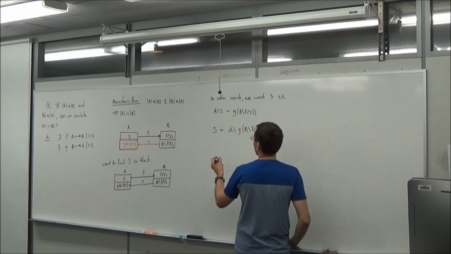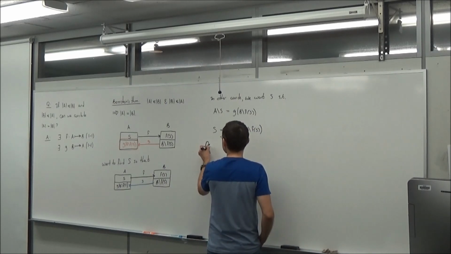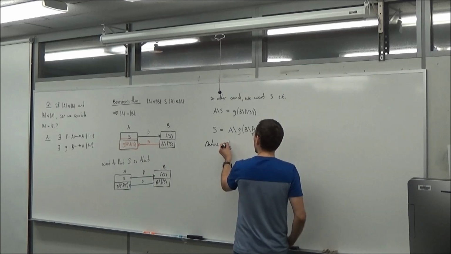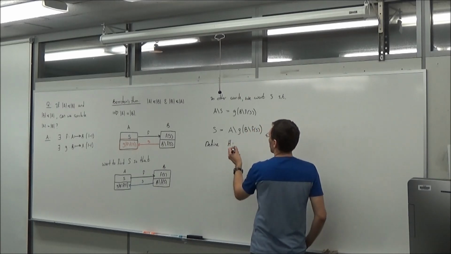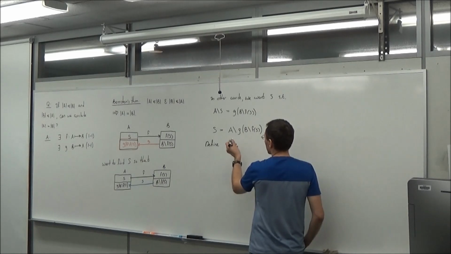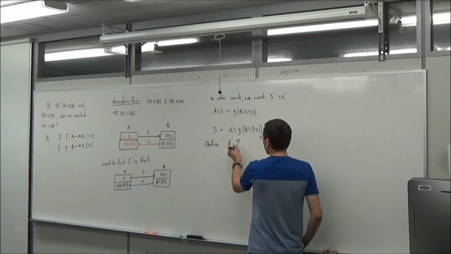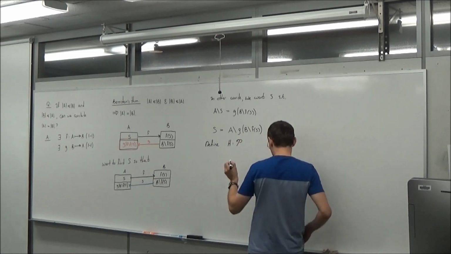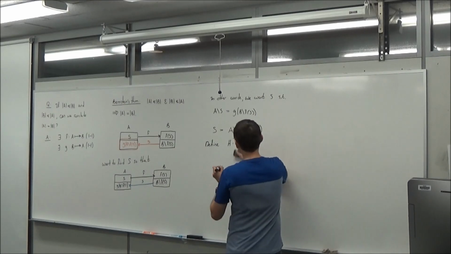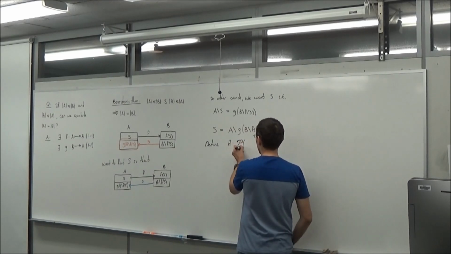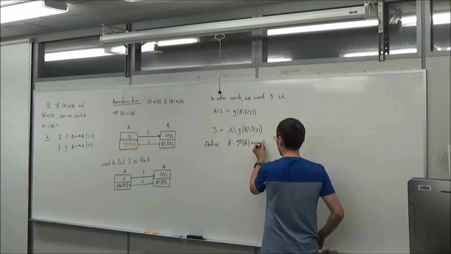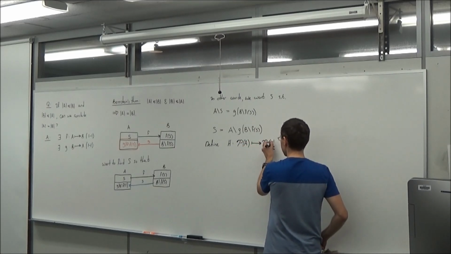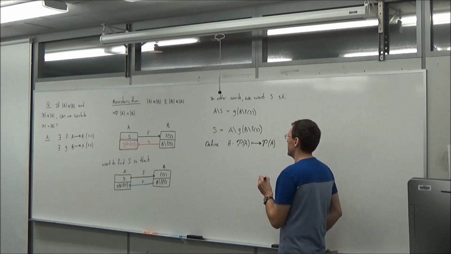So here is what I do. I define a function h, and the function h is going to be from the power set of A back into the power set of A. And here's how it's going to be given.